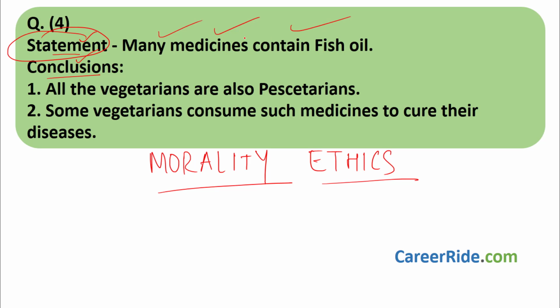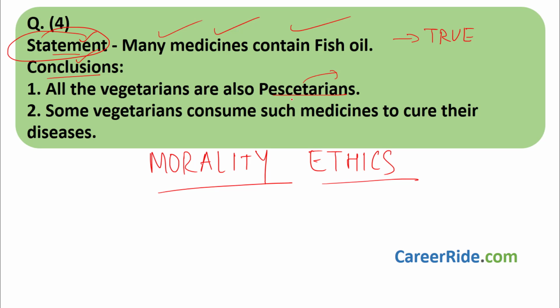Here the statement given is many medicines contain fish oil, so this statement has to be taken as true. Now what are the conclusions given? We have to find out which conclusion follows and which conclusion does not follow. Now, all the vegetarians are also pescatarians. Pescatarian means one who also eats fish and consumes fish oil and all that stuff. Over here they are saying that all the vegetarians are also pescatarians.